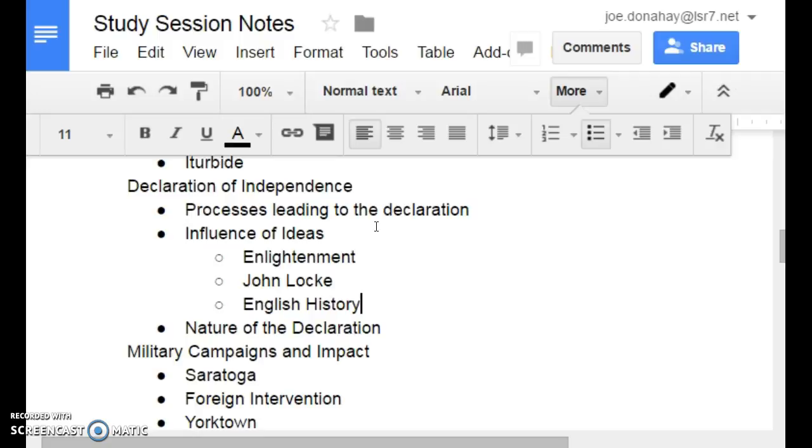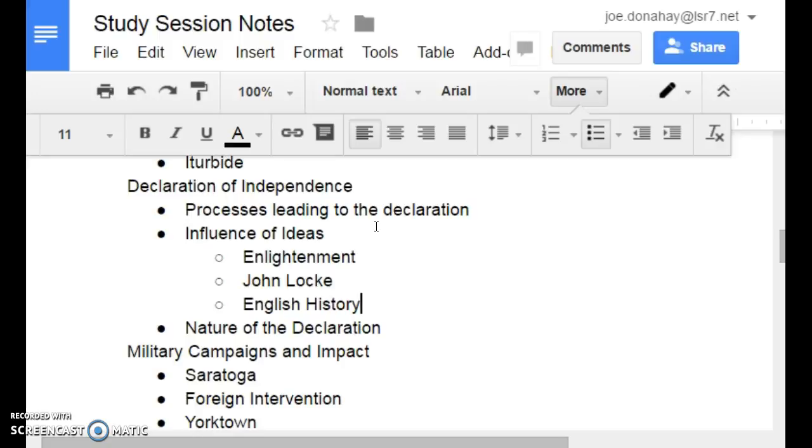The Declaration of Independence draws on this. John Locke in particular emphasized that the government requires consent of the governed, and that when a government loses that consent of the people being governed, the people have the right, perhaps the duty, to overthrow that government when it becomes destructive of their liberties.